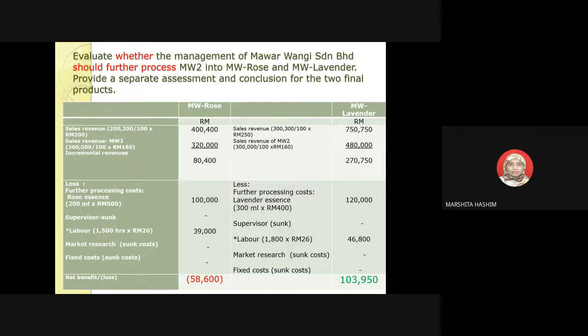We should sell the product as MW2 because if you further process, you will suffer a net loss of 58,600 ringgit. Okay, give your decision and also your reason.